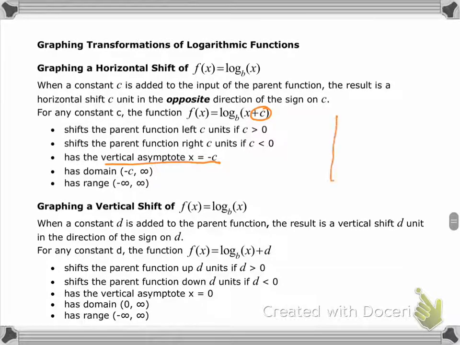So if you had your log function here originally, and let's say you moved it this way, do you notice that your domain, this is the domain, right, for your original function.